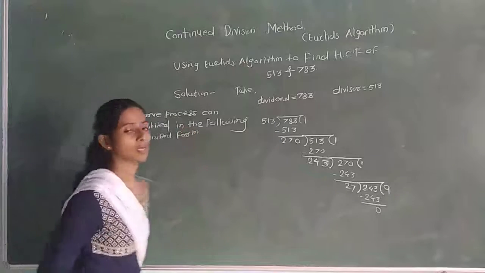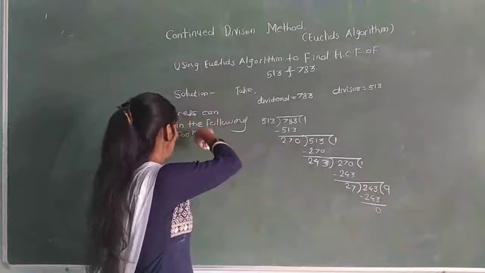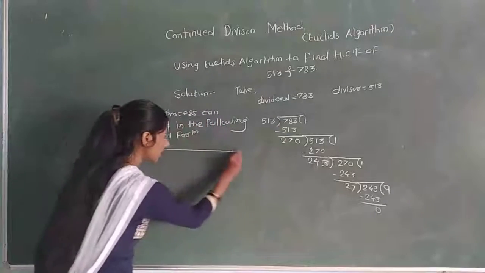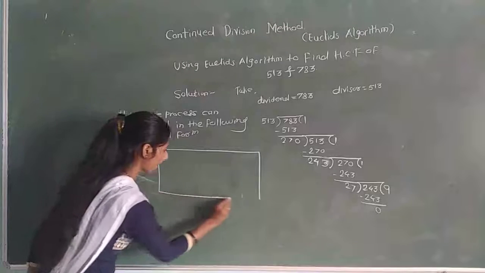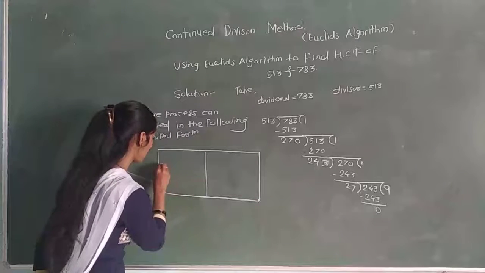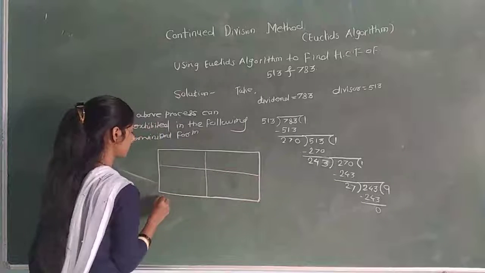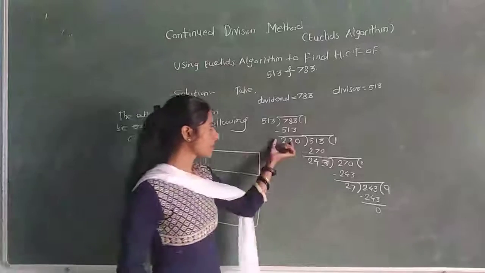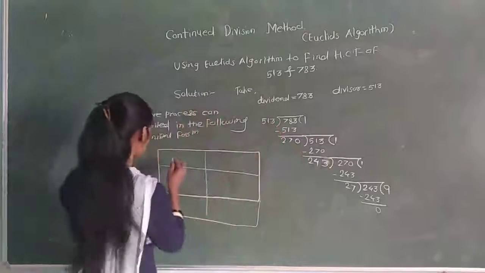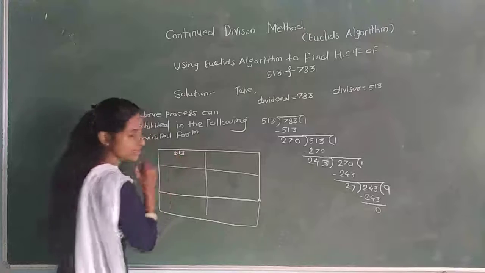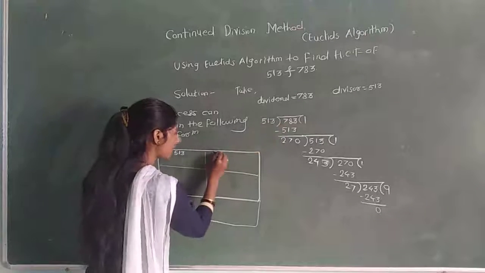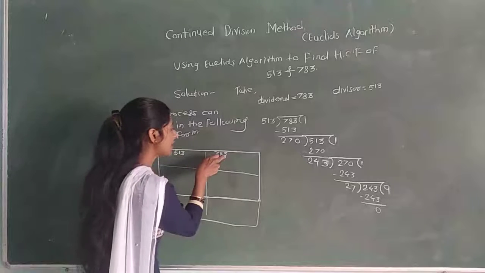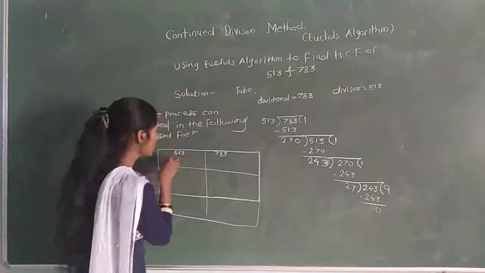Let's see how to exhibit it in the following convenient form. So here, the first table: how to write this? The divisor is 513, so write here 513, that is the divisor, and the dividend is 783. Clear? When 783 is the dividend and 513 is the divisor, the quotient is 1.